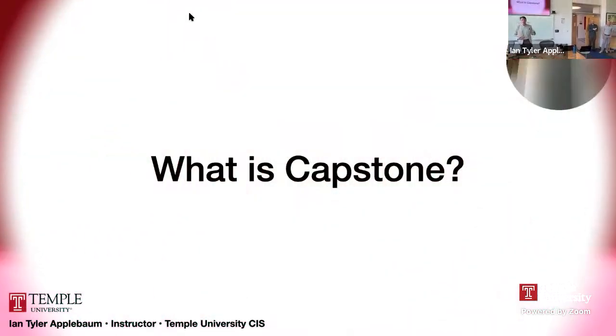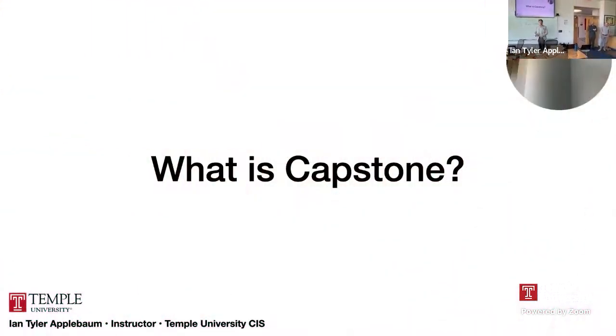So first, I want to talk a little bit about what is the CIS Capstone. The CIS Capstone is the culmination of all of the students' previous coursework and outside experiences to build a substantial software project. This presents a lot of challenges because working in a big team is challenging.